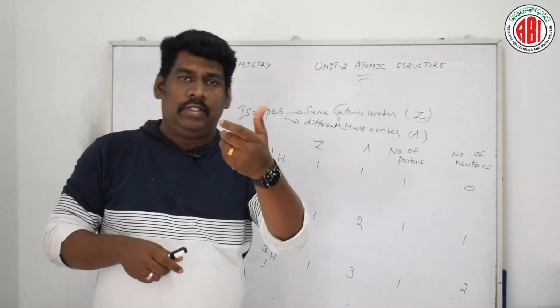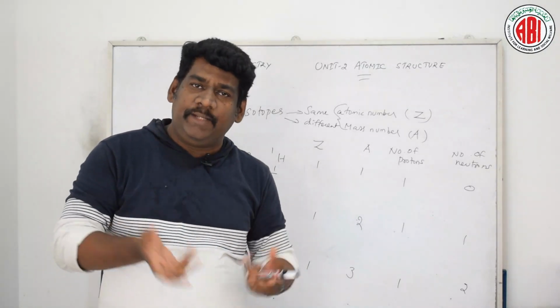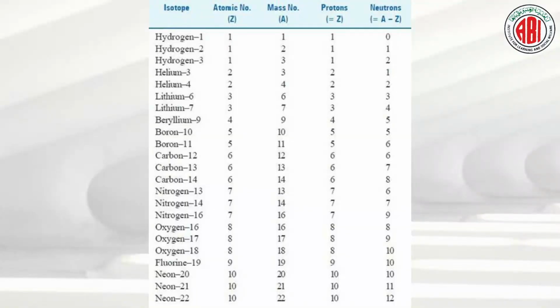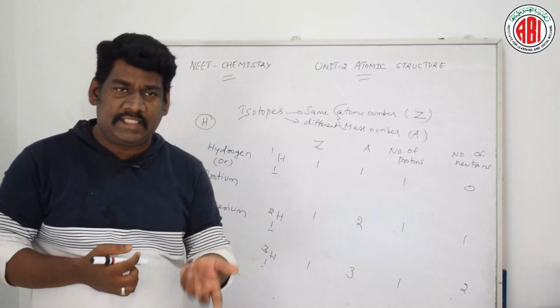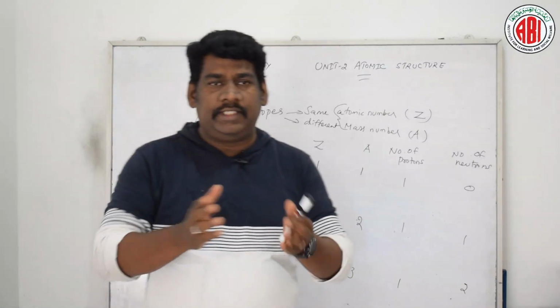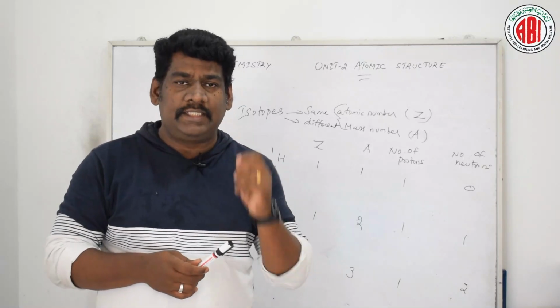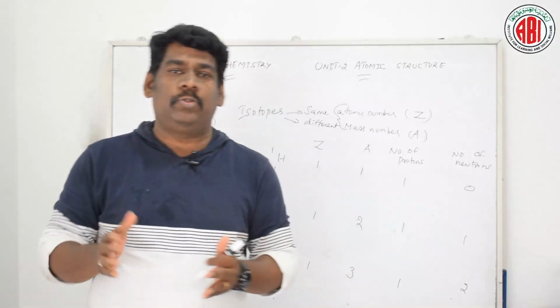Now look at this table; we can easily understand the different elements which have different isotopes. For example, carbon, oxygen, nitrogen, sulfur and uranium have different types of isotopes.